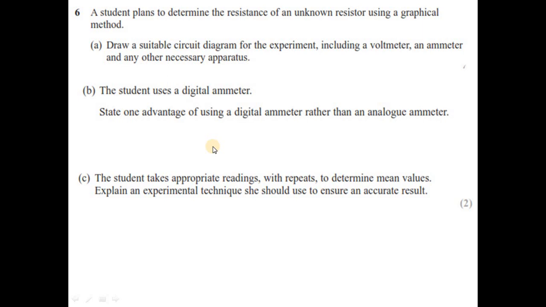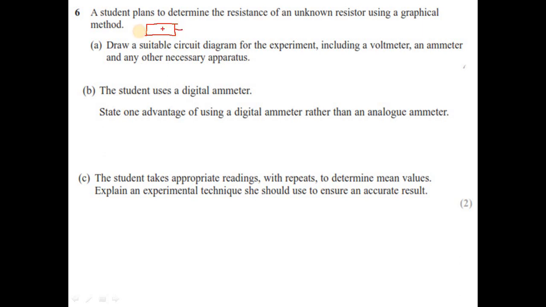Question number 6. A student plans to determine the resistance of an unknown resistor using a graphical method. Draw a suitable circuit diagram for the experiment, including a voltmeter and ammeter and any other necessary apparatus. So in this experiment, you need to find the unknown resistance, which is this rectangular box.